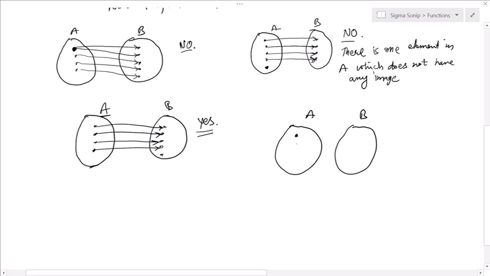This time I got these points here. So that maps to this, and that maps to this. Again, both of them map to the same image.